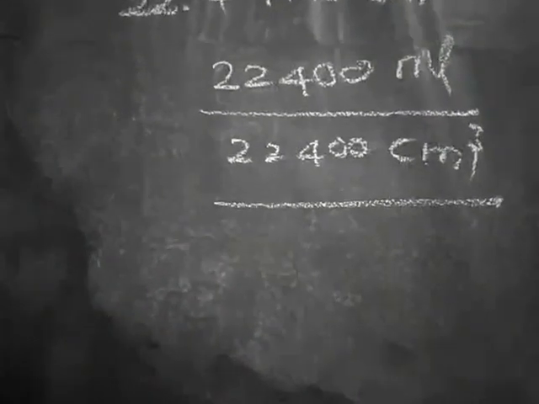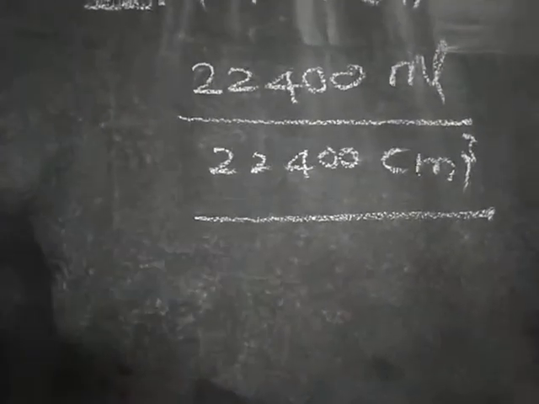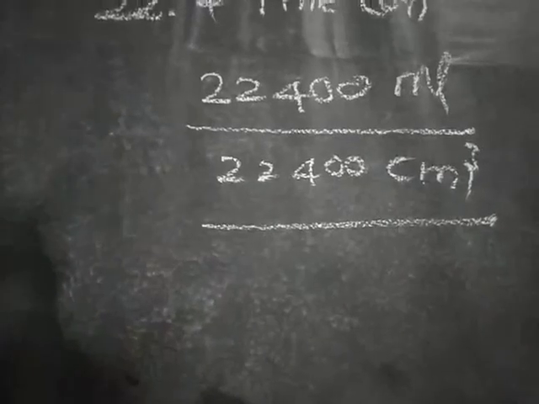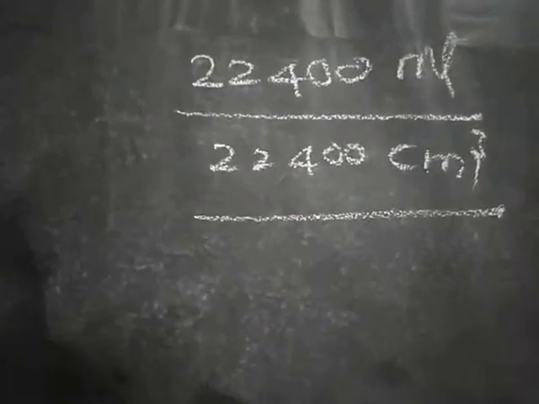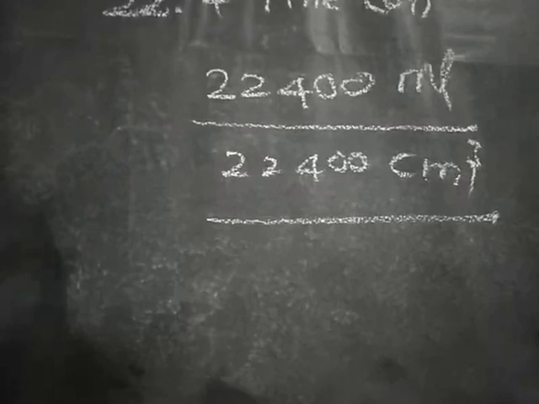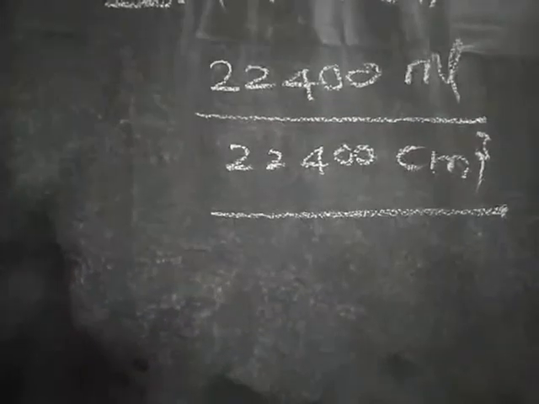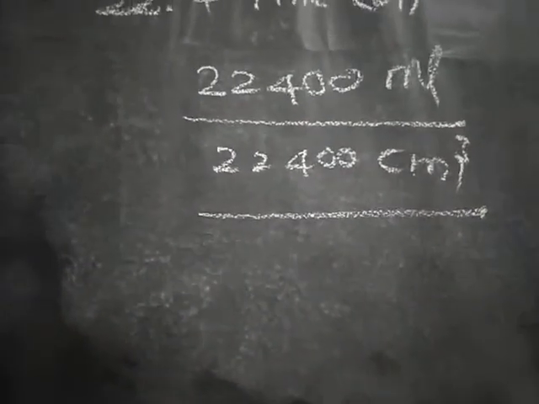This volume is called molar volume. 1 mole of any gas occupies 22.4 liter or 22,400 ml at standard temperature and pressure. This is called molar volume.